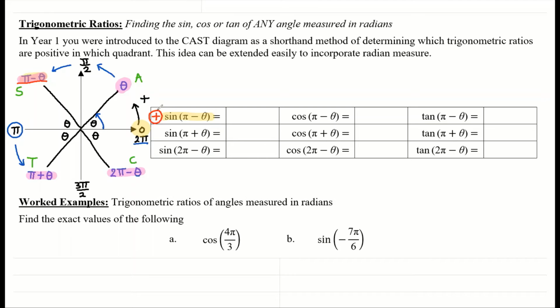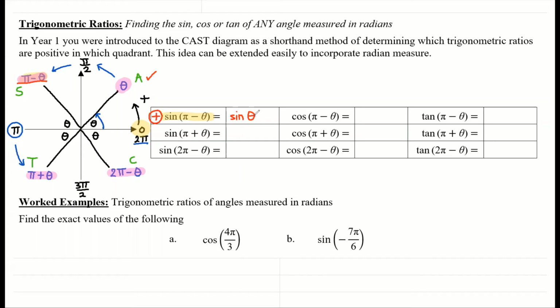Then you use the CAST diagram and ask, where else is sine positive? Sine is only positive in the All part of the CAST diagram. So the sine of pi subtract theta must be equal to the sine of theta, because that's the angle in the All part of the CAST diagram.